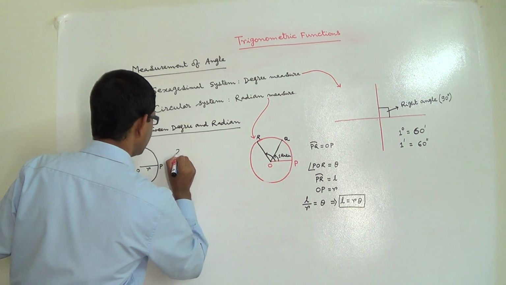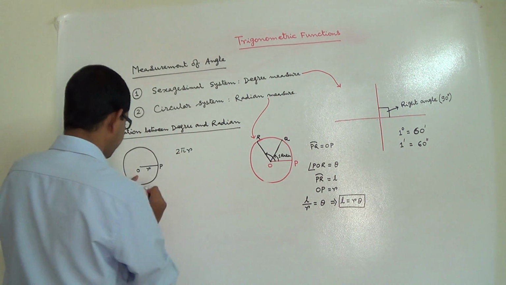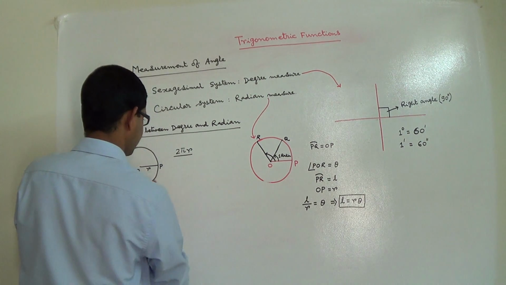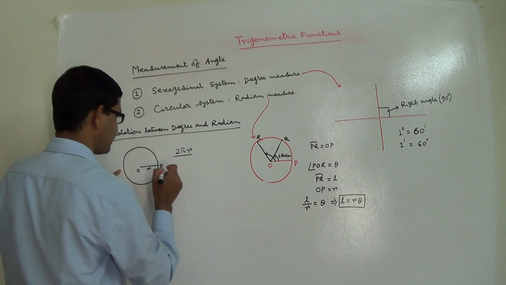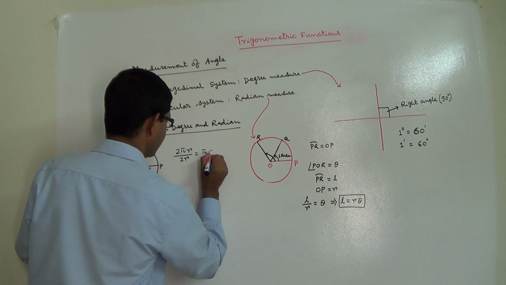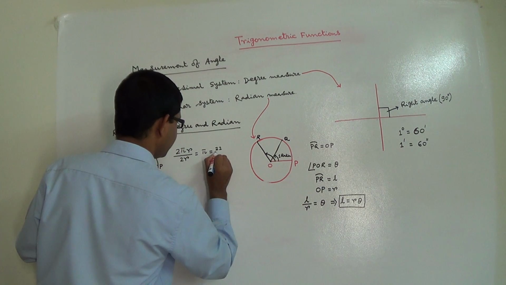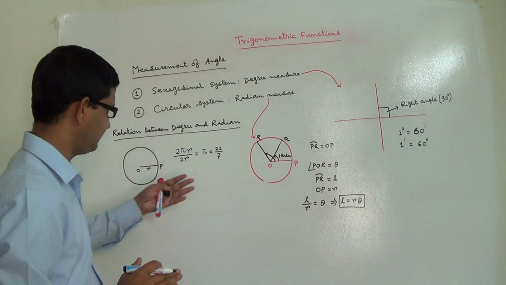It is 2 pi r divided by the diameter of the circle. Radius of the circle is r, so diameter is 2r. So that is equal to pi, which is equal to 22 by 7. That is a very fundamental thing we just revisited.